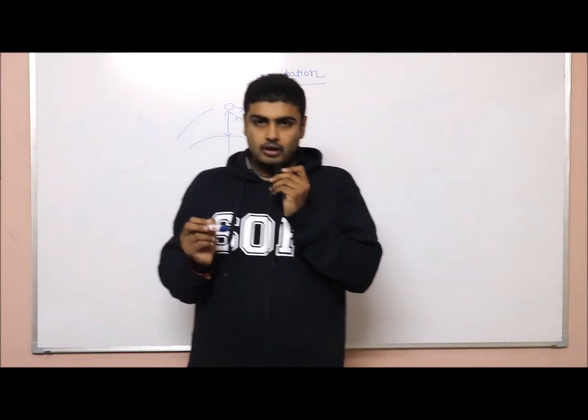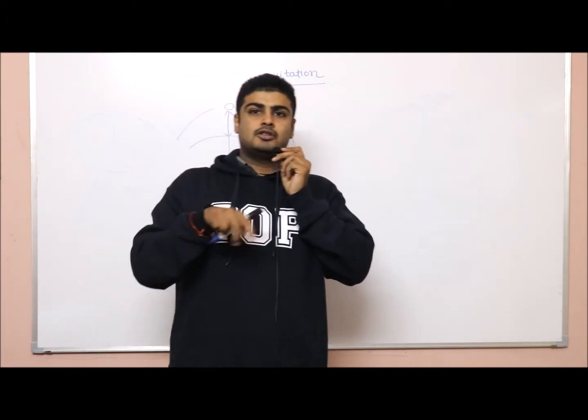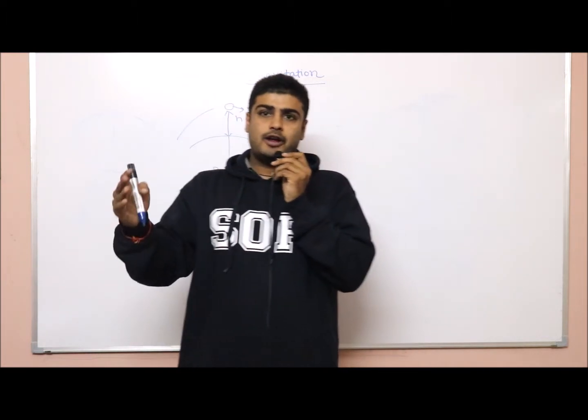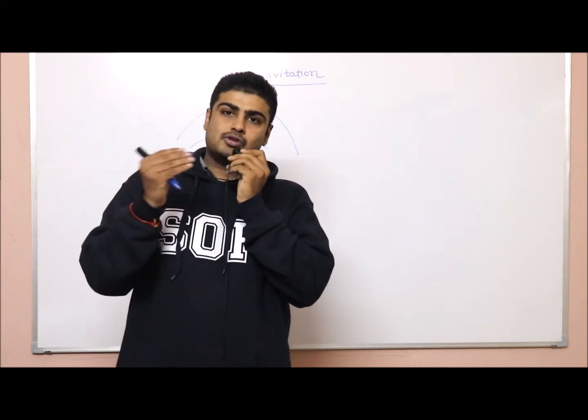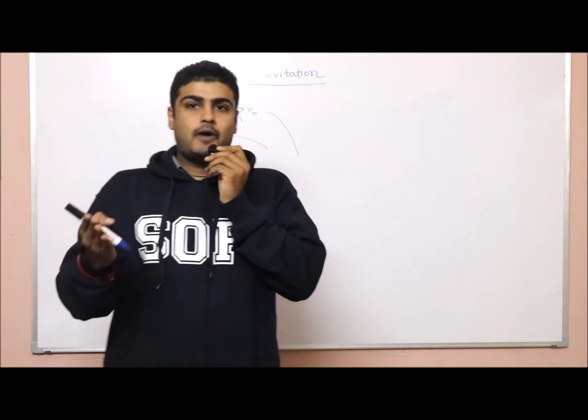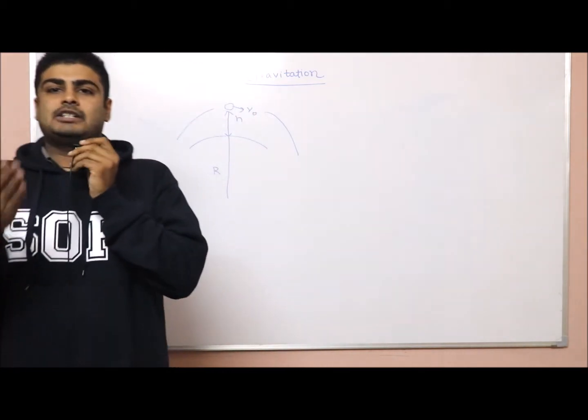As we know, there will be a centrifugal force mv square by r on the satellite, and that force should be provided by GMm by r square, that is the gravitational force.